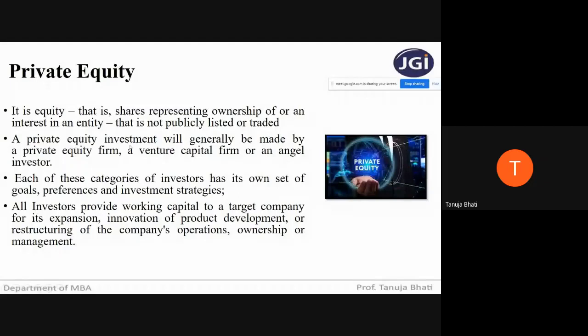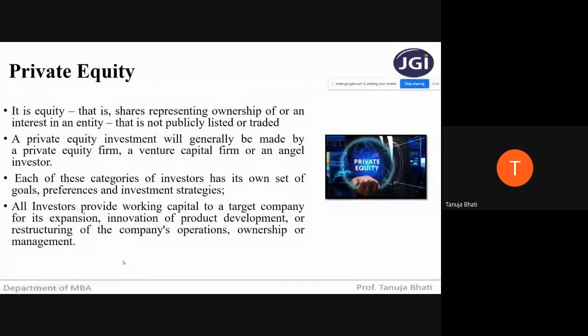A private equity investment will generally be made by a private equity firm, a venture capital firm, or an angel investor. Each of these categories of investors has its own set of goals, preferences, and investment strategy. All investors provide working capital to the target company for its expansion, product development, or restructuring of the company's operations, ownership, or management.